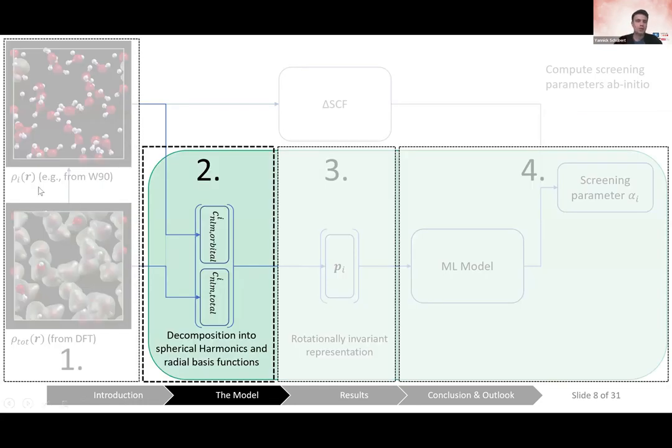So now we want to map these orbital densities to the screening parameters. In practice, one screening parameter is one scalar between 0 and 1, which corresponds to one orbital density. To feed this information into the machine learning model, we first construct a very low-dimensional representation of these orbital densities, and we do so in 2 steps.